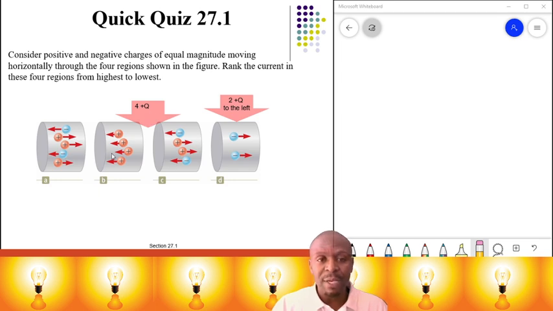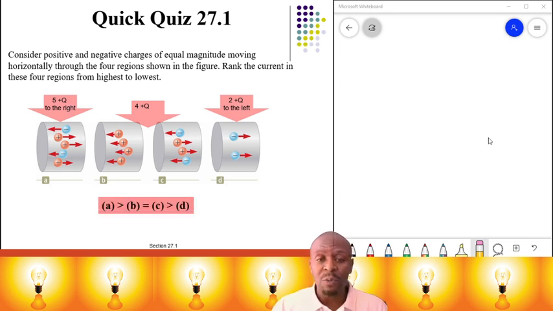The last one is equivalent to 5 positive charges. As a result, when we rank current, we just look at the number of positive charges that we have in all. When you rank, this one is going to be equal to that. The current there will be equal to that, but this one will be less than that, and this one will be less than that. This is what you are going to have for that quick quiz.